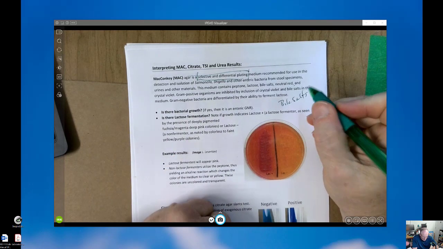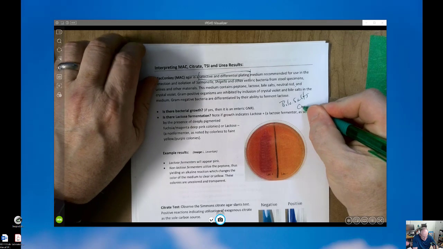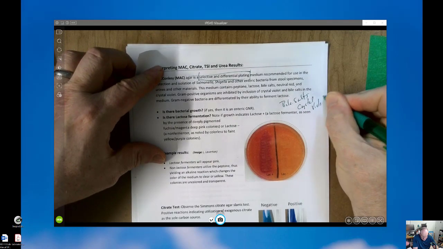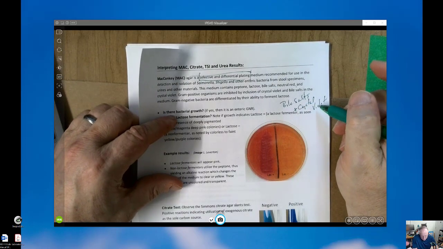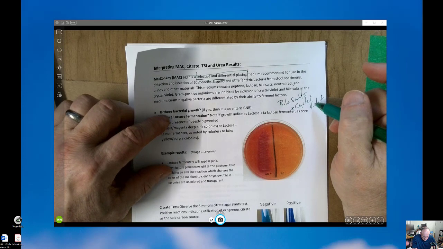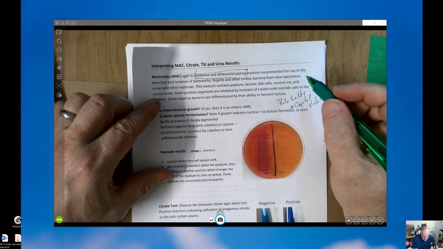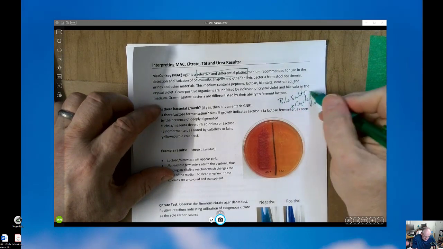What else? It has the same crystal violet as we use in gram stain. So obviously crystal violet's going to plug up all those pores on the outside, or the areas of openness in gram positives, and that just shuts them down. So that's the selective nature.